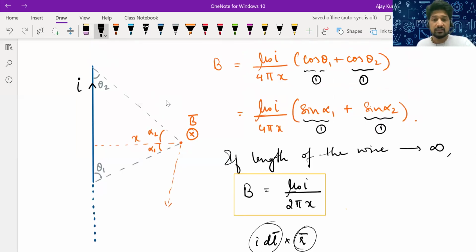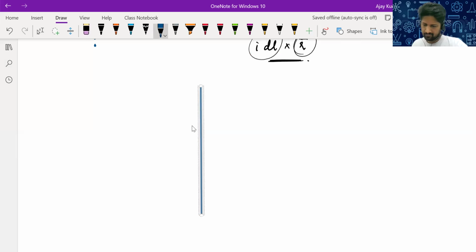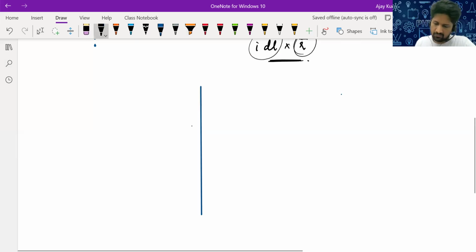That's fine. There is another way also to visualize magnetic field produced by a straight wire. In that wire, the direction of flow of current must be given to you. Let's say the current is flowing this way.